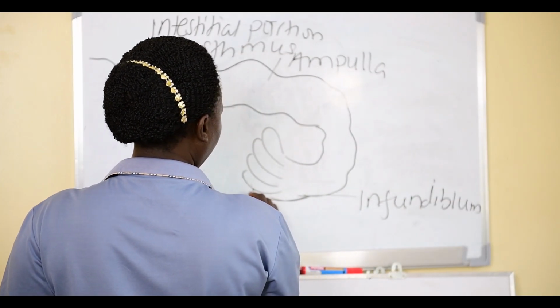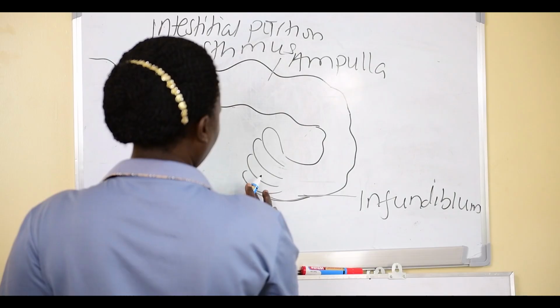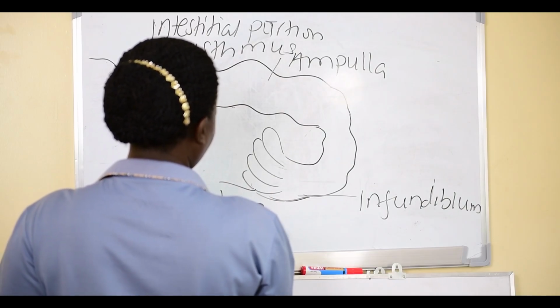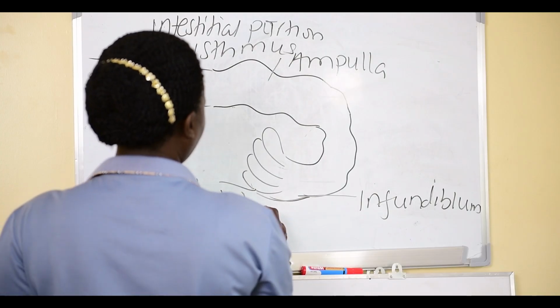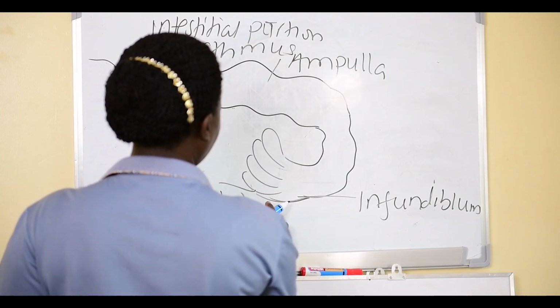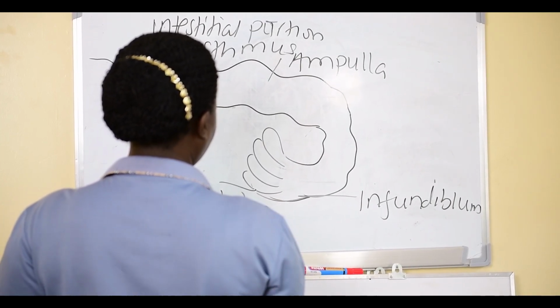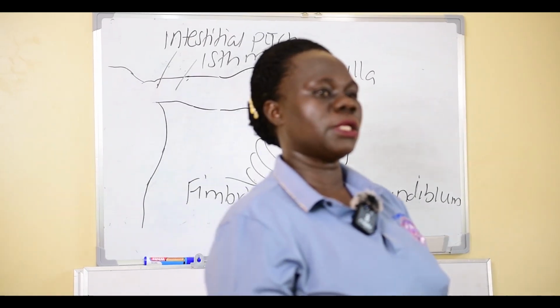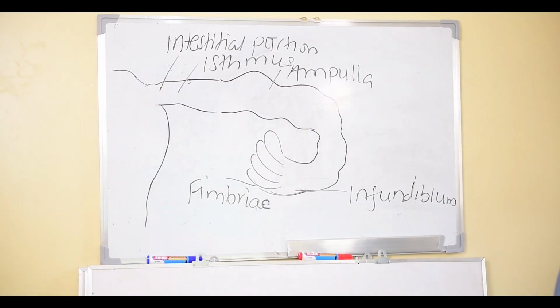And then we have the fimbria. That is the fimbria. So that is the gross structure of the uterine tubes.